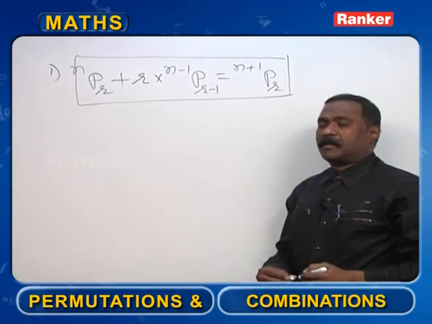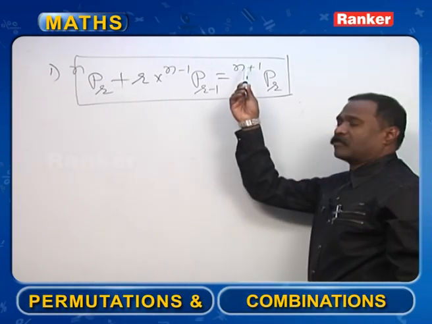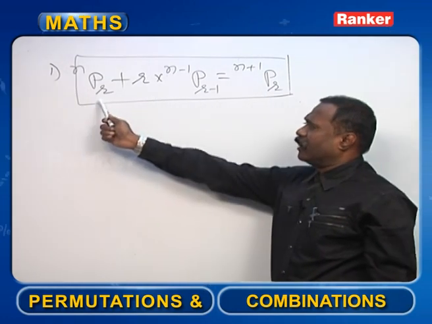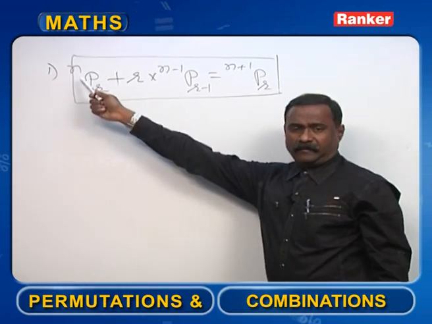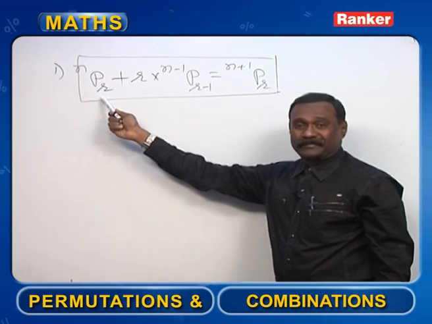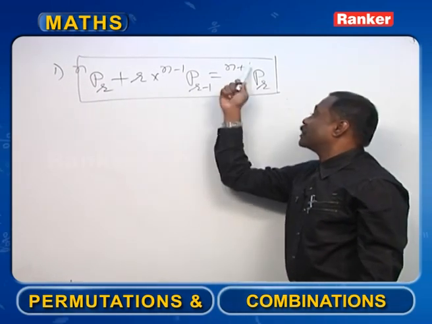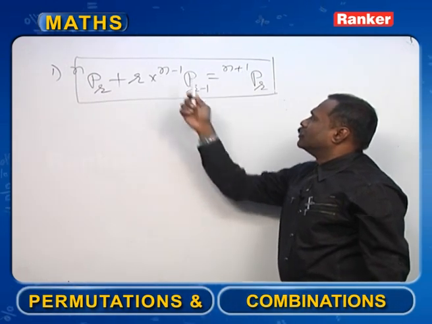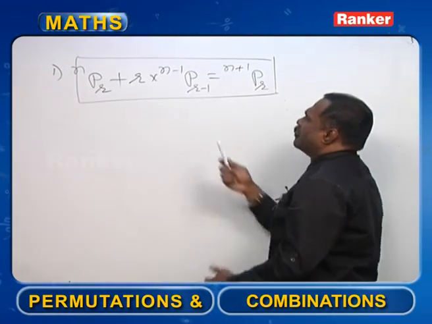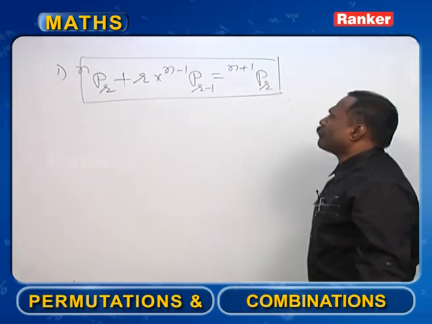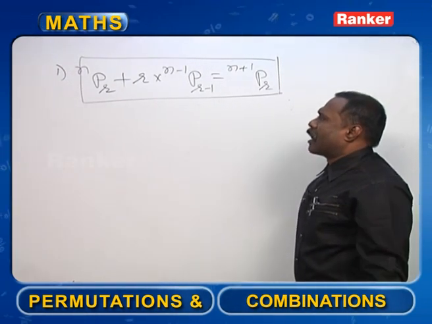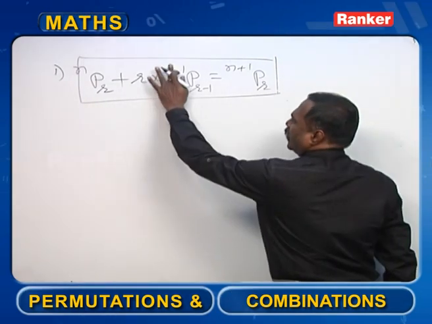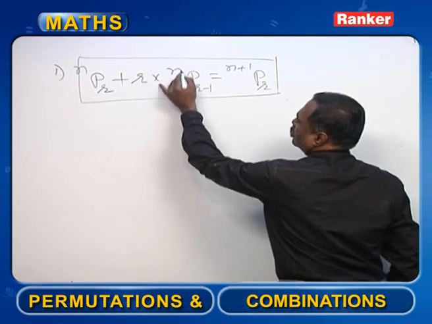That is, totally how many things are there? n plus 1 things are there. How many things are taken at a time? r at a time. If you see this carefully, this n plus 1 is becoming n, r is the same, and here n plus 1 is becoming n minus 1, and r becomes r minus 1.